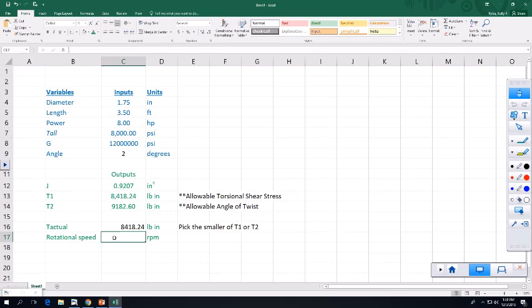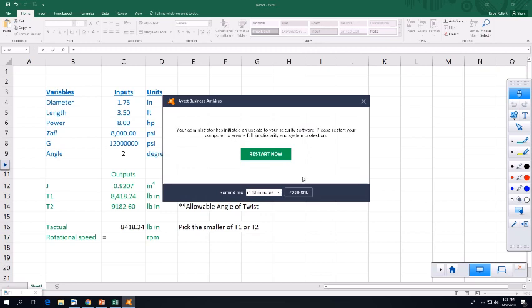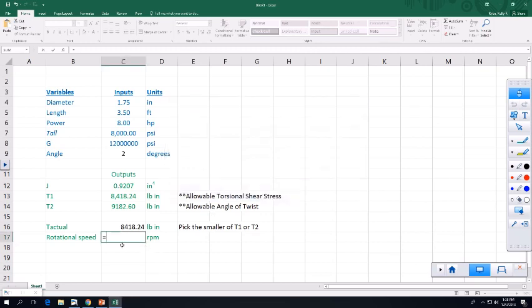Okay? So this is going to be equal, and it's going to be, whoopsie, postpone. Parentheses, this is going to be the power. So I'm going to do the 8 times 63,000, parentheses, divided by the torque that I just inputted.